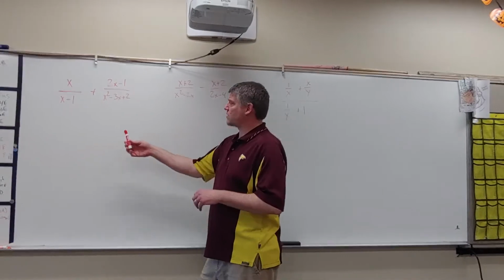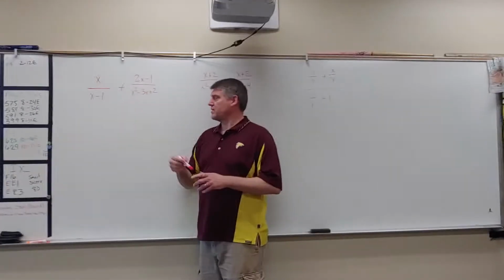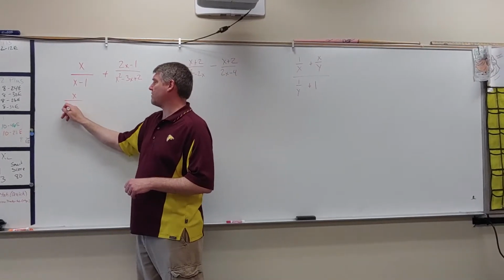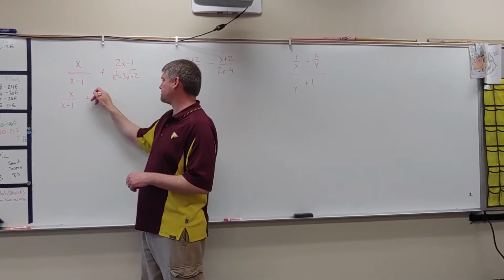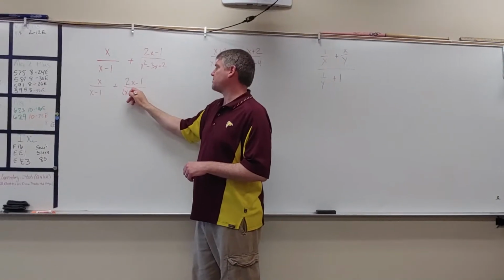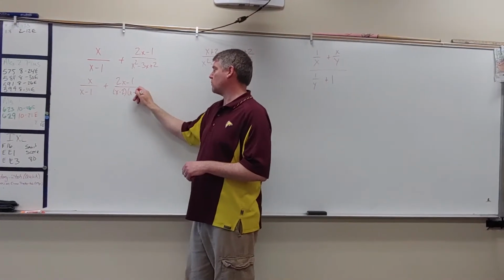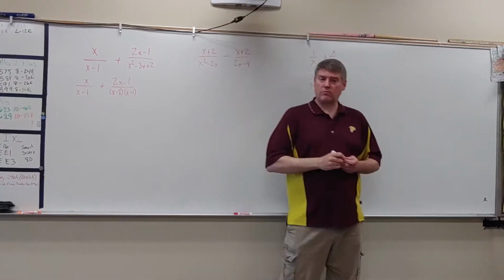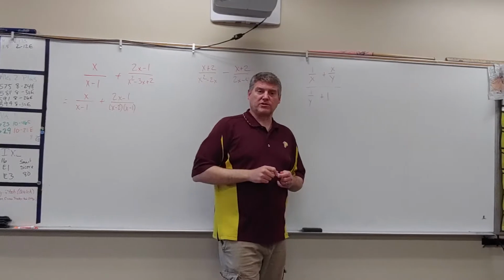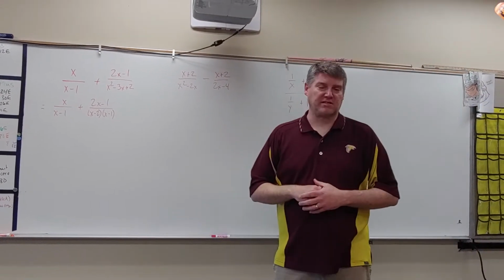So here, my first one, I have an addition. What I'm going to do is factor my denominators real quick. So I have x over x minus 1 plus 2x minus 1 over, I'm going to factor this, x minus 2, x minus 1. Now, when I'm looking at my common denominator, I want to have all the unique pieces in there.